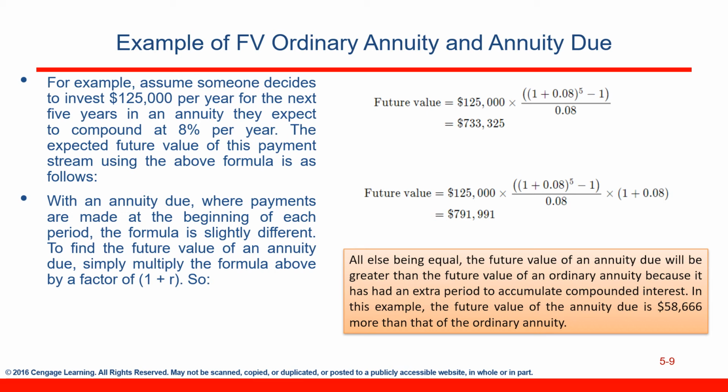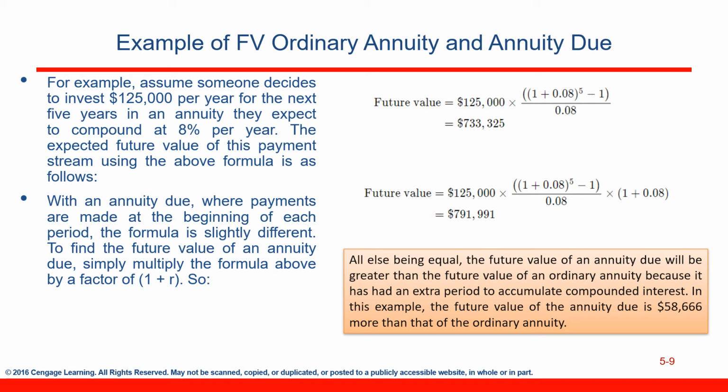Next, if the payment is made at the beginning of each period, what is the future value? So, using the future value annuity due, because you pay at the beginning. So, our formula: 125,000 times the future value factor of ordinary annuity, 1.08 raised to the 5th power minus 1 divided by 0.08.